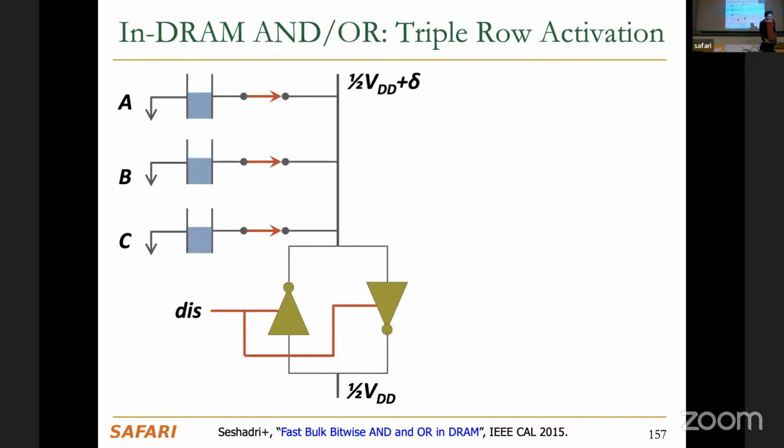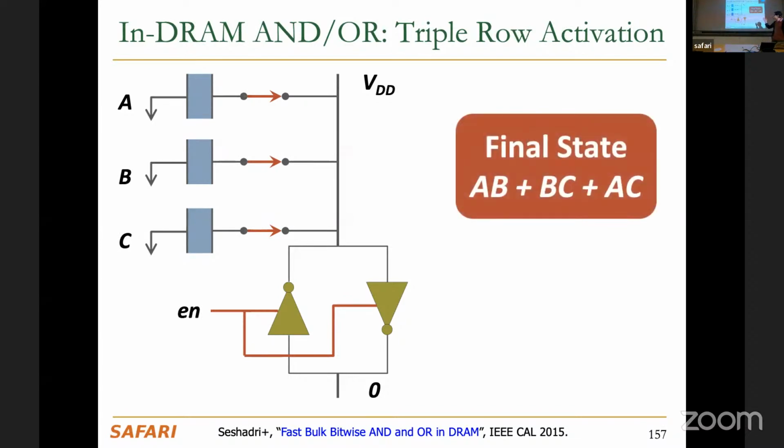When the sense amplifier is enabled, what happens is that the majority wins, right? There were 2 fully charged, 1 fully discharged. When you activate the sense amplifier, the 2 that correspond to the majority win. And in the end, what you have here is a majority function. And this is how a majority function looks.